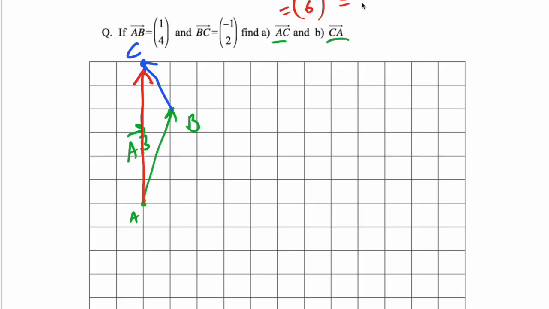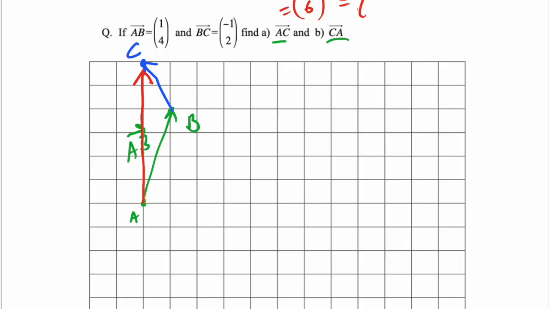Okay, and how do you get that from these numbers? You can do AB minus BC and get that actually, right? Or the other way around. Well, actually, you can just add them together. Of course, you can see graphically, you just add them together, you get AC.